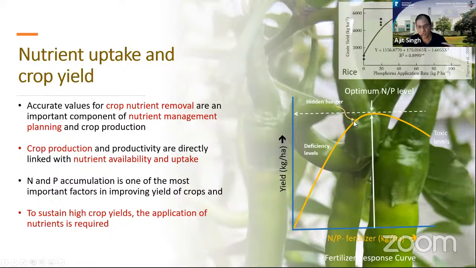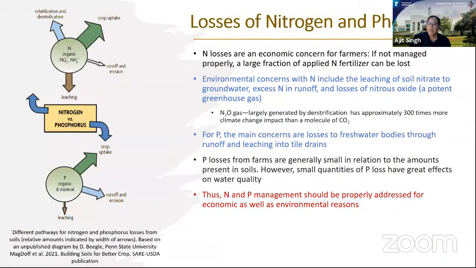The plants don't show those symptoms. Okay. All right. So for us to have a sustainable production system, we must make sure that we apply the right amount of nutrients at the right time. That's part of the management.